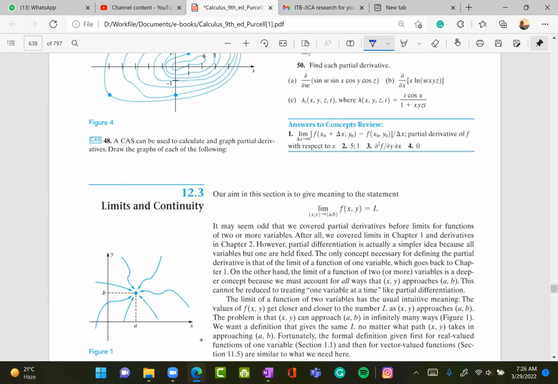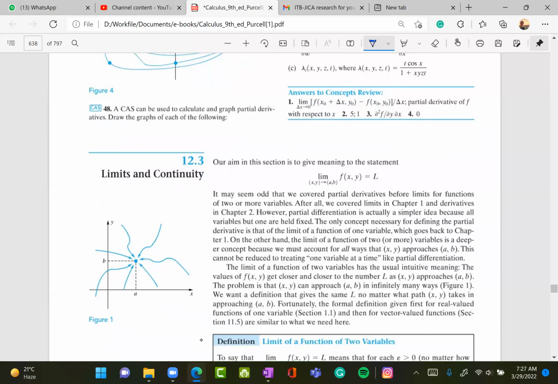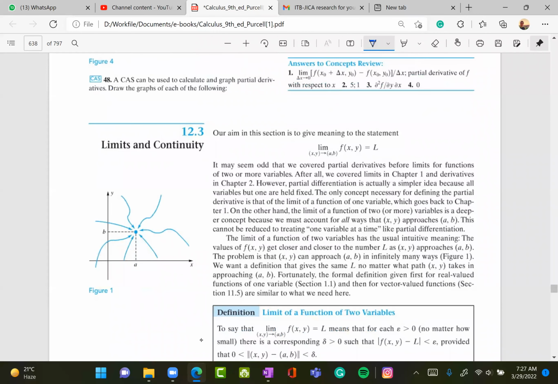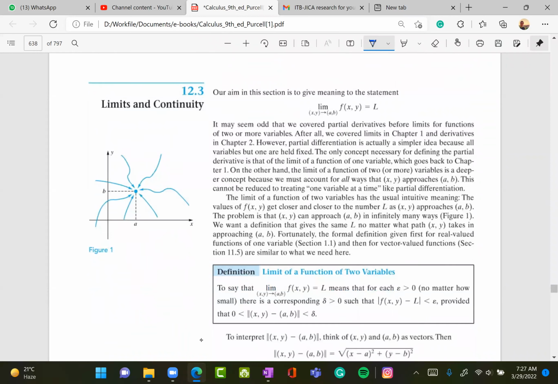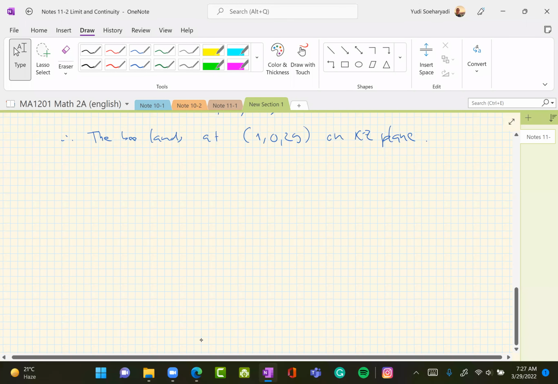So the question about limit is rather different from limits in one variable. Let's skip this one first and see the reason why.